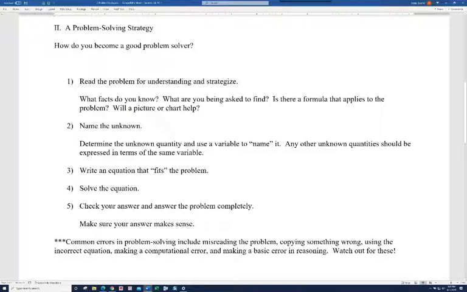The honest truth is there are certainly certain people that seem to be really good at problem solving. But a lot of those people are good problem solvers because they've been working at it for a long time. And so the bottom line is, if you want to become a good problem solver, it is something that you can get better at, even if you don't think of yourself as a natural problem solver.